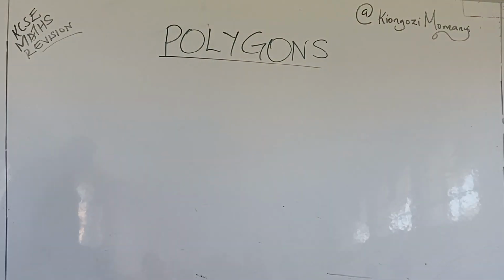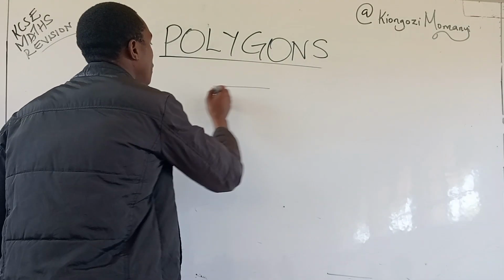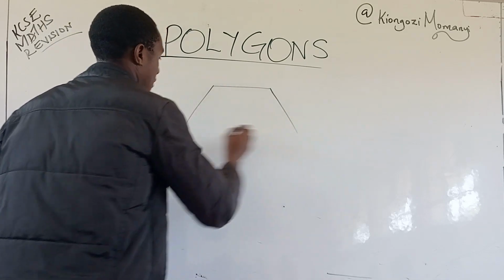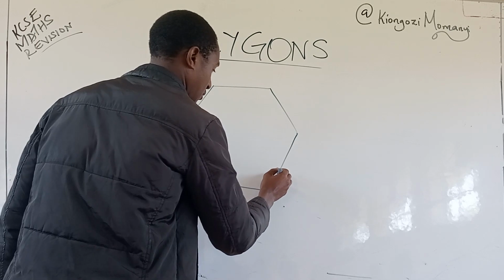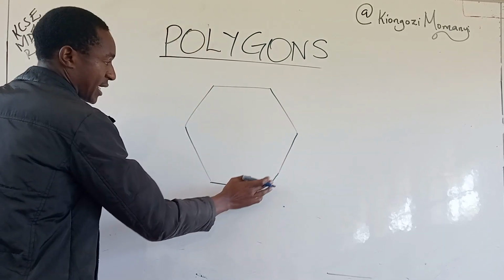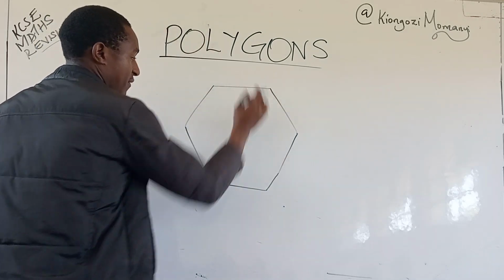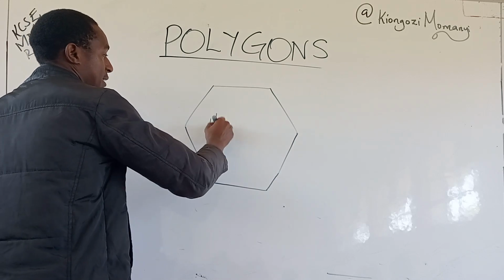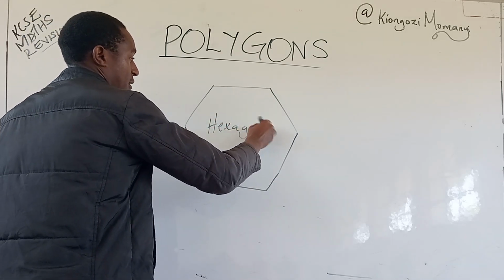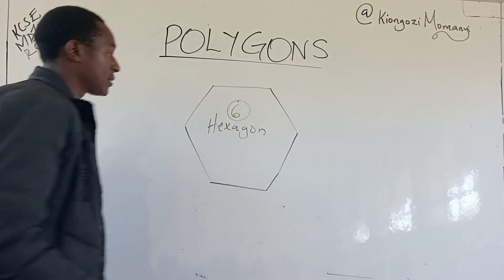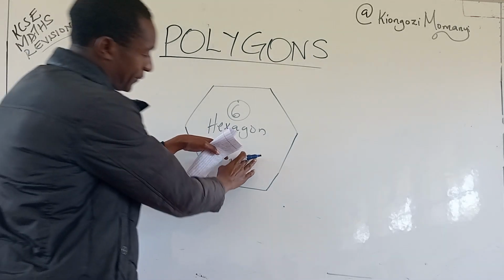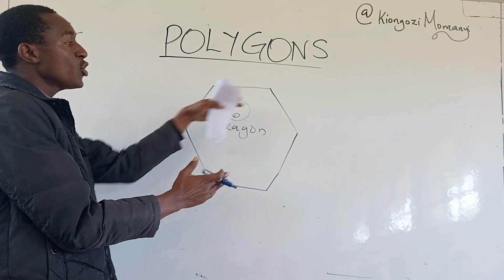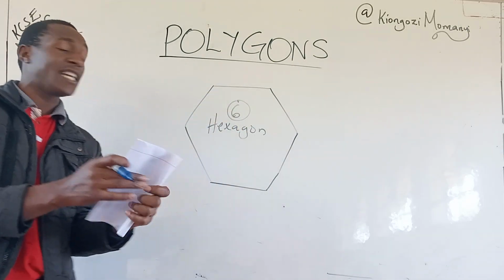Let me give, for example, this kind of polygon. How many sides is this one? 1, 2, 3, 4, 5, 6. This is a hexagon, so the number of sides is 6. I'll use this polygon, which is regular, to show you how the interior and exterior angles relate.